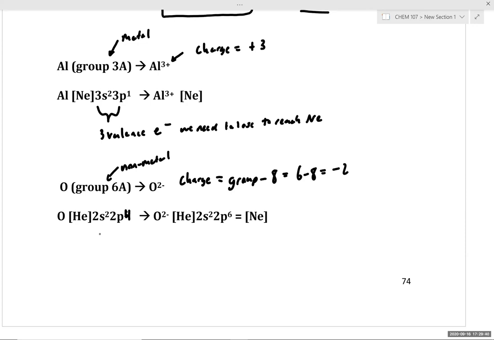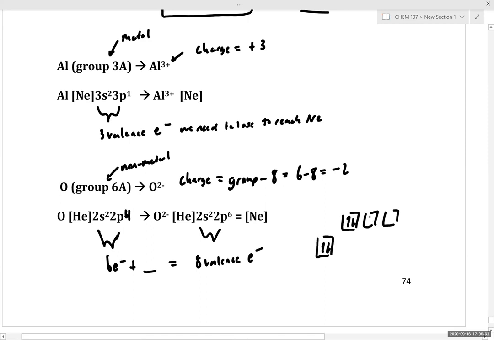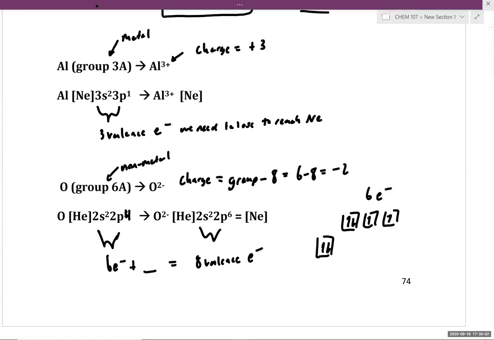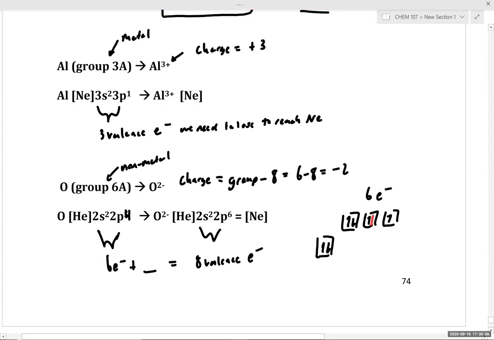To help you visualize this from the perspective of electron configurations, if we have 6 valence electrons, how many do we need to gain to fill out the shell to reach 8 valence electrons? 2, exactly right.